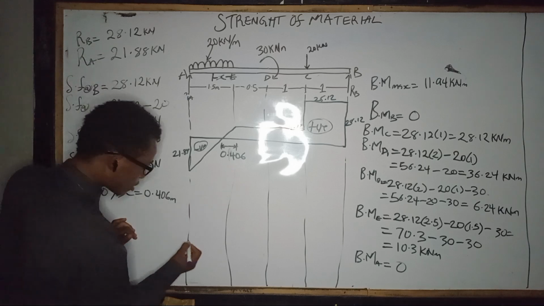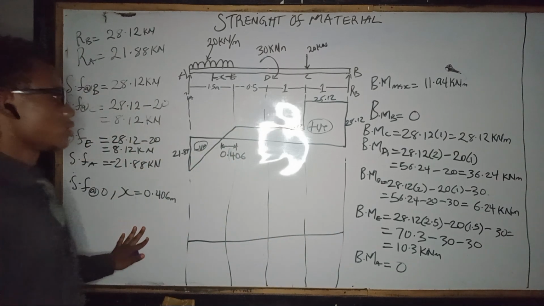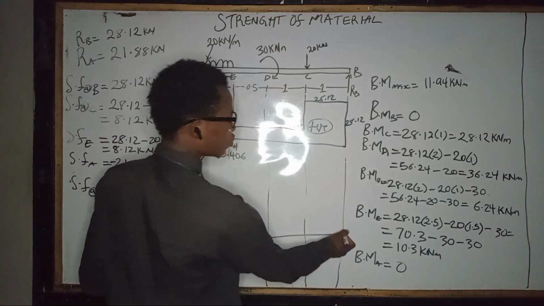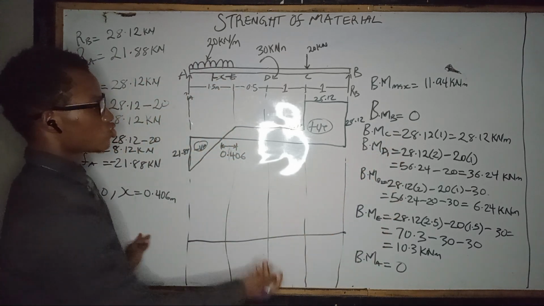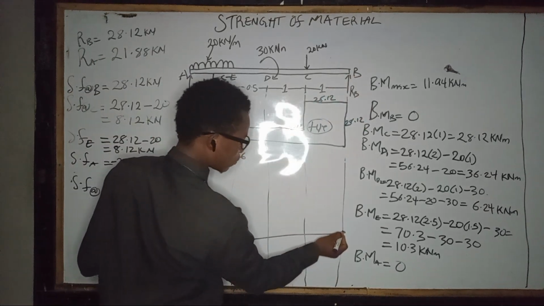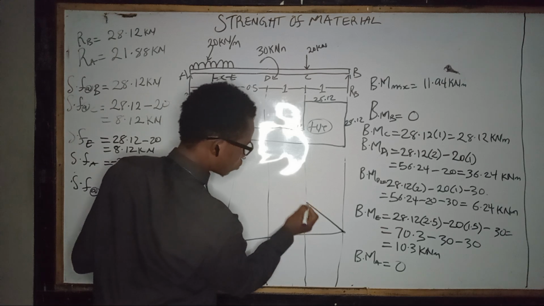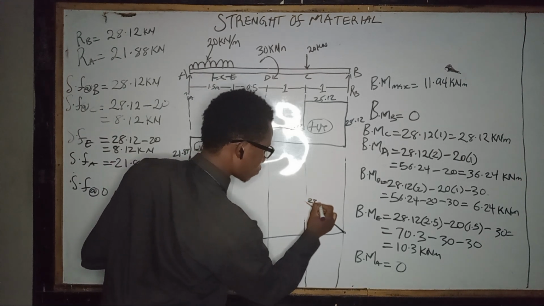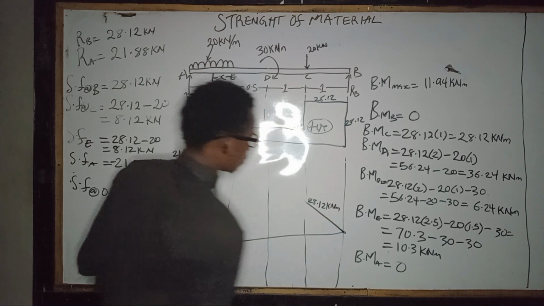Now to the bending moment diagram, we draw our plain zero line. Our bending moment at B is 0. Our bending moment at C is 28.12, but this is a point load, so it will be a straight line. We have 28.12 kilonewton meter.